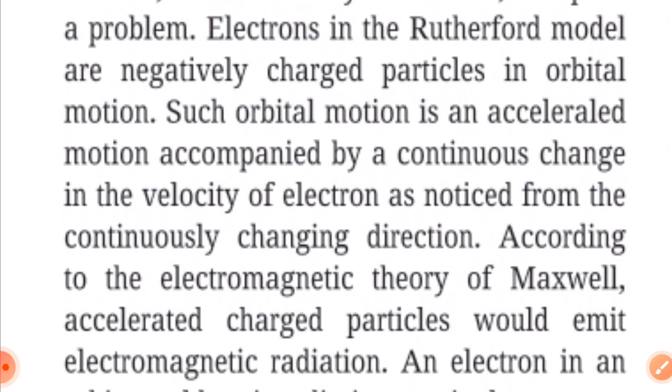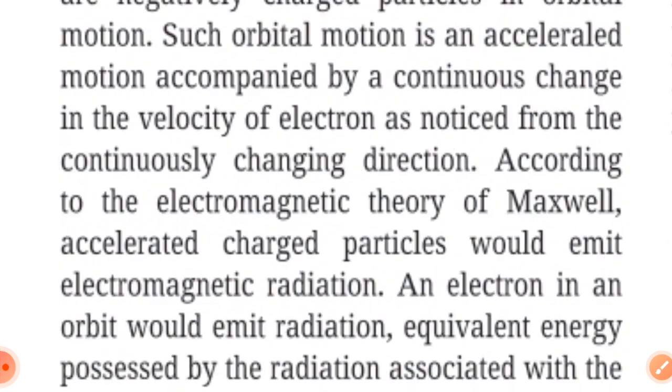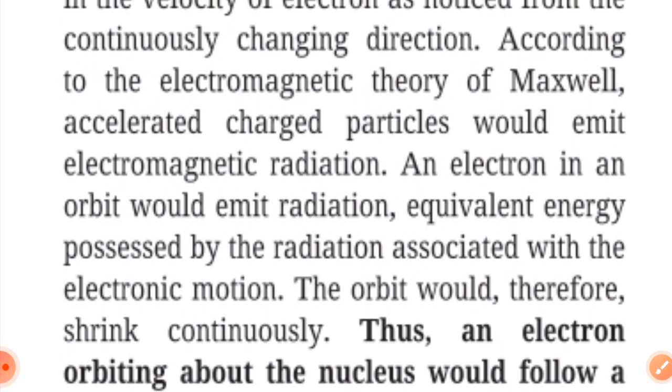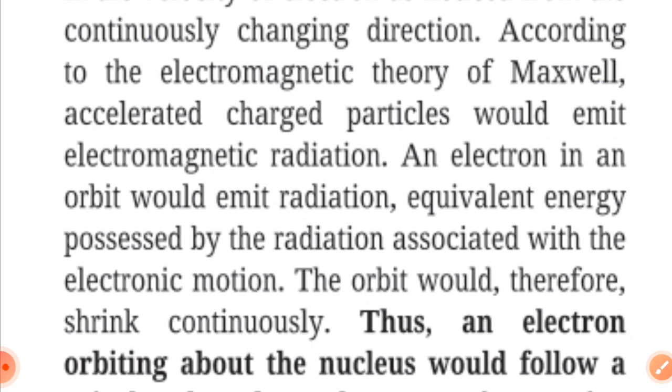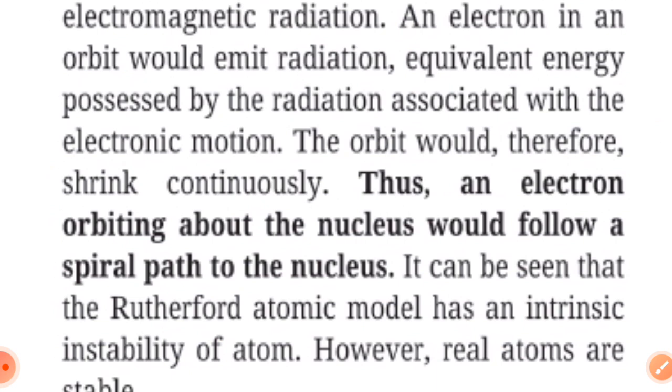Such orbital motion is an accelerated motion, accompanied by a continuous change in the velocity of the electron, as noticed from the continuously changing direction. According to the electromagnetic theory of Maxwell, an accelerated charged particle would emit electromagnetic radiation, and electrons in an orbit would emit radiation.